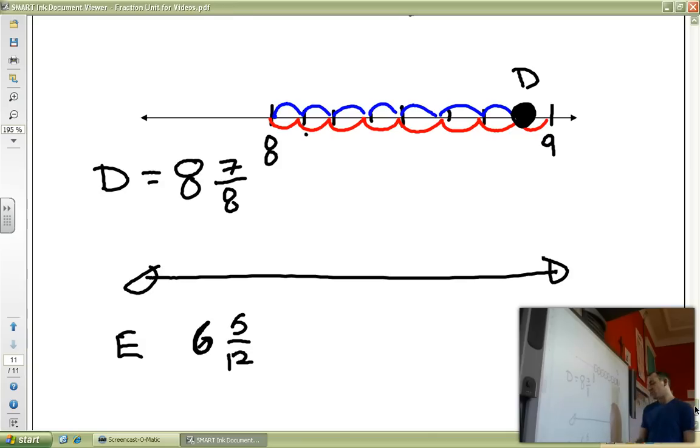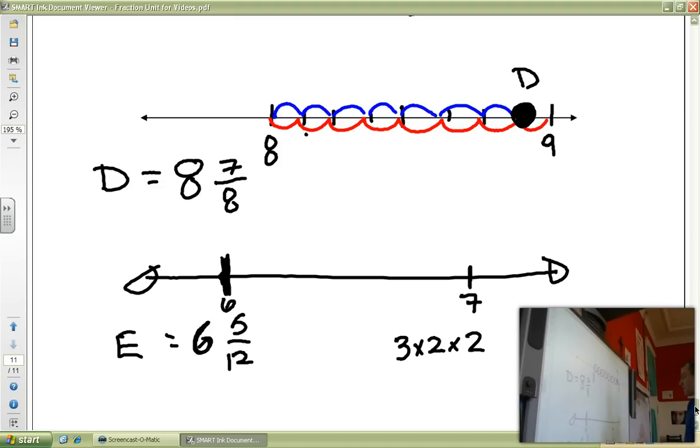Prime factorization for 12 is going to be 3 times 2 times 2. So what I'm going to propose you do is put on a line and name it 6. Put on a line and name it 7 because we know that 6 and 5/12 is going to be somewhere in between there.